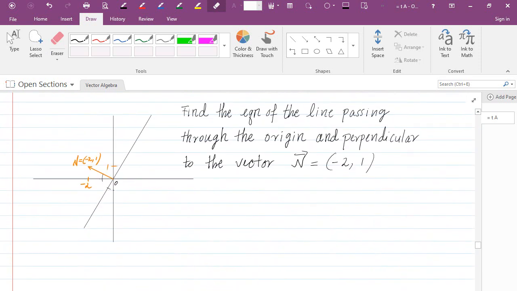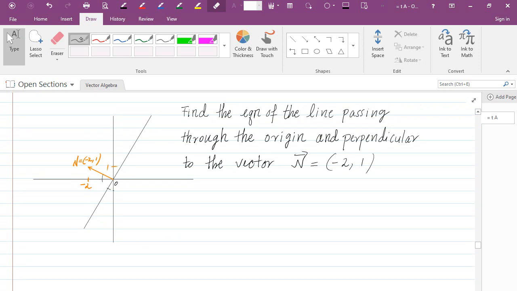So here is an example. Let's say I want to find the equation of the line passing through the origin and perpendicular to the vector n given by negative 2, 1. So I need to find the equation of this line.